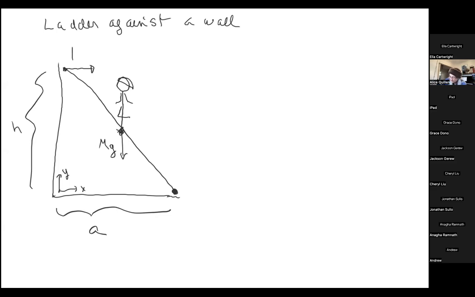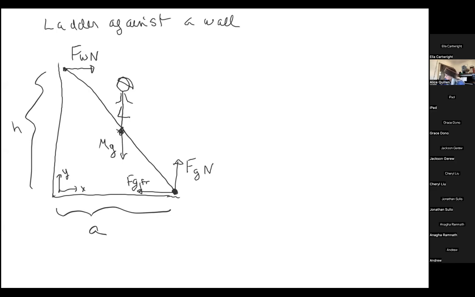So we have a force Fn, the force wall normal, because the wall pushes against the ladder. We will assume that there's a friction force from the ground, but there's also a normal force from the ground. So let's call it Fn normal. And then we have a friction force F ground. I think I called it Fr, friction force.